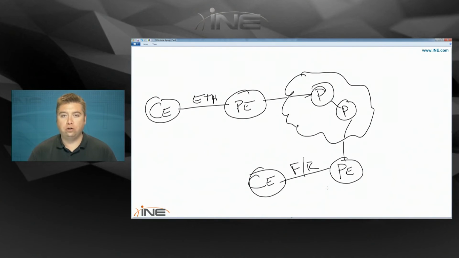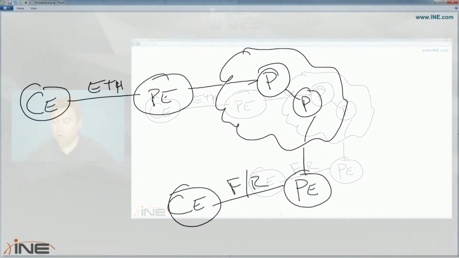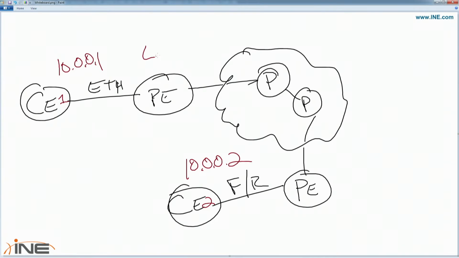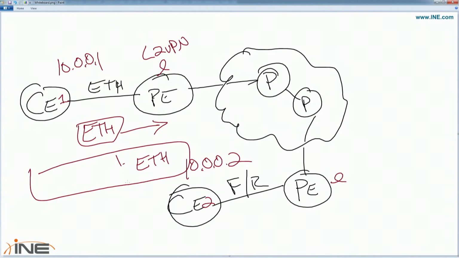You can also do layer 2 VPNs between them, where you could say that customer edge 1 has the IP address 10.0.0.1, and customer edge 2 has the address 10.0.0.2, and then we're essentially forming a layer 2 VPN from this loopback to this loopback, basically saying when Ethernet comes in this way, we're going to encapsulate Ethernet inside of MPLS, and then MPLS is going to go inside of Ethernet again because that's what the transport of the service provider core is.